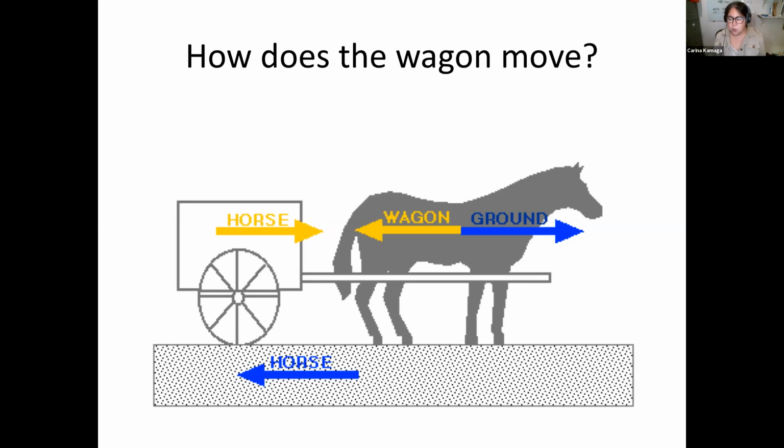If they're equal in magnitude and opposite in direction, they should cancel out. But how can a horse pull the wagon? How can a wagon move if all the forces come in pairs? I want you to discuss this. We're going to discuss this in a class. All right, so this is going to be the first part of the video. Bye.